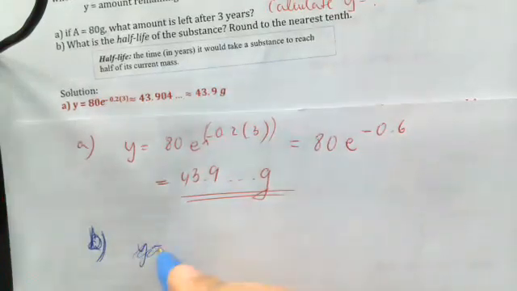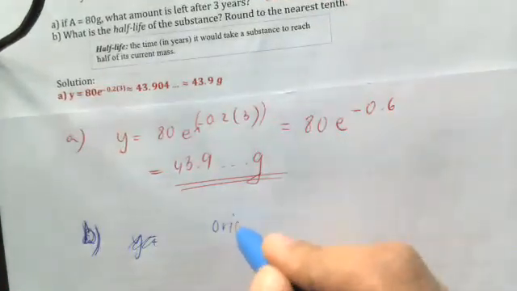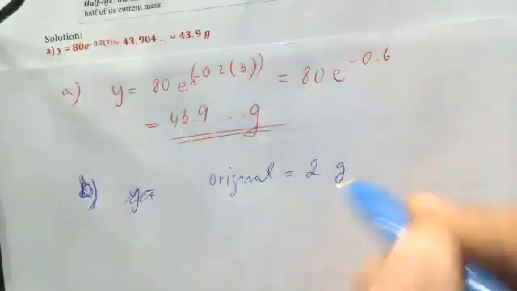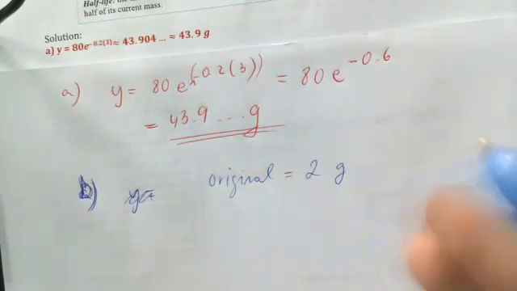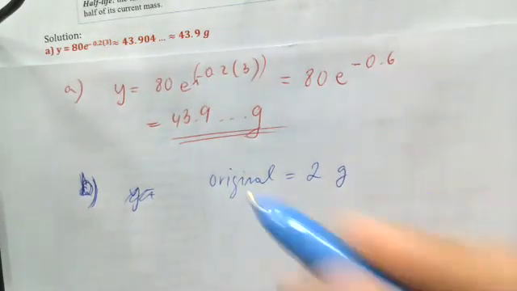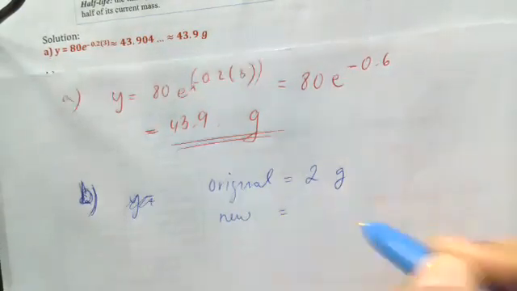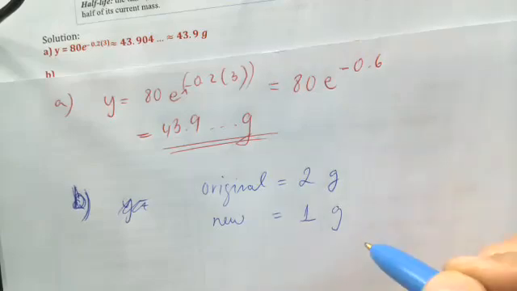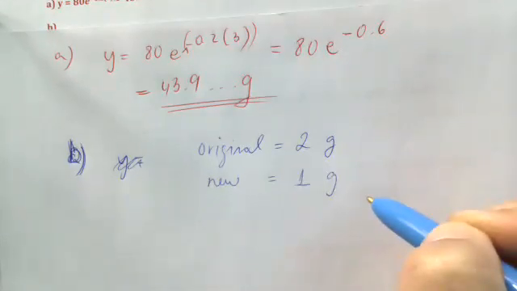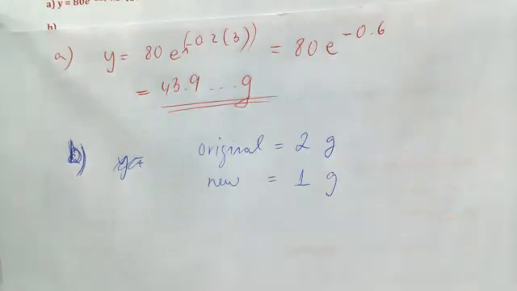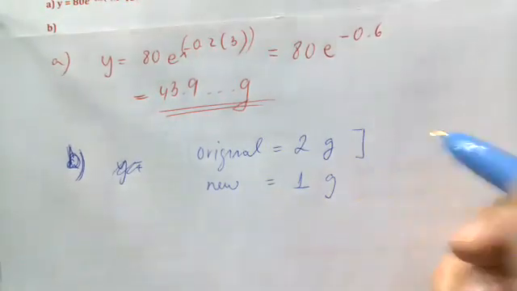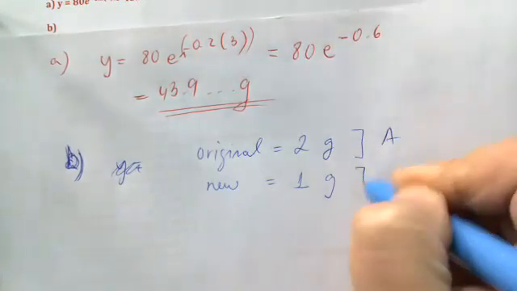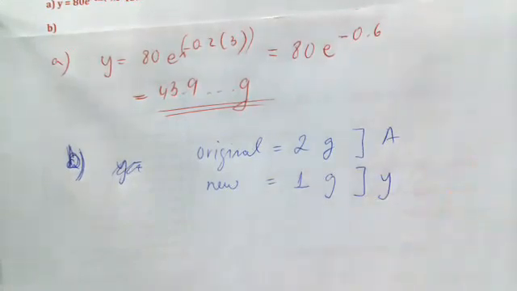So if I say the original amount is 2 grams, then at the end of a certain number of years, the half-life, the new amount has to be half of it, because that's how we define half-life, right? So this would be my A in the formula, and this is your Y in the formula.